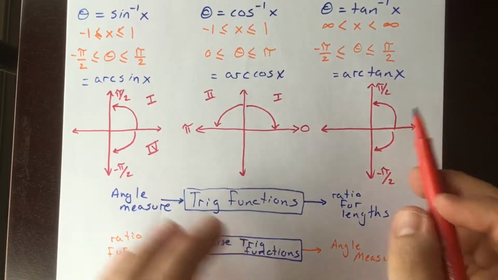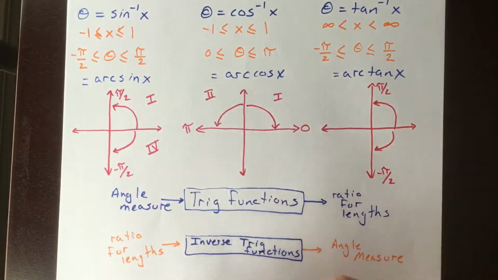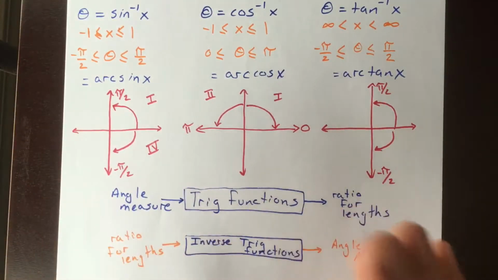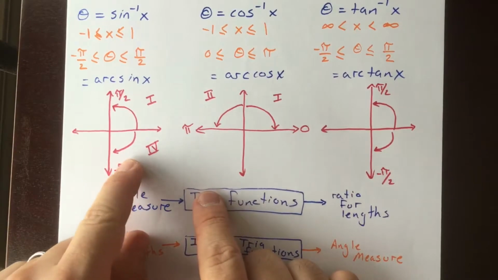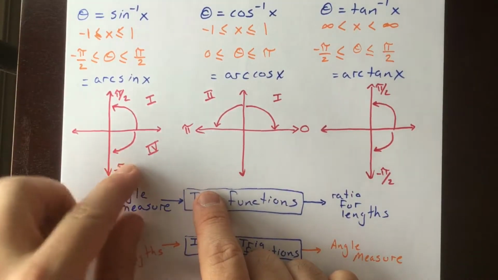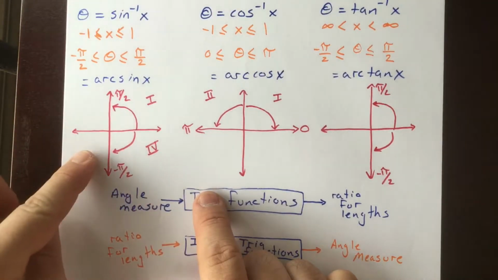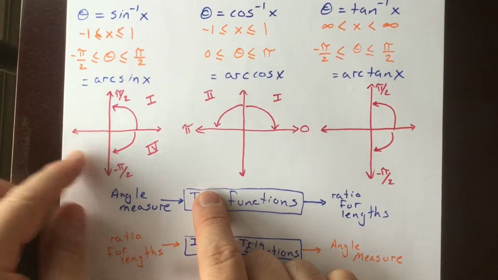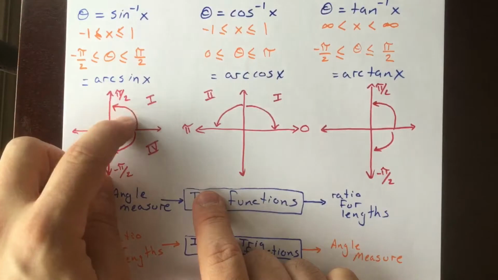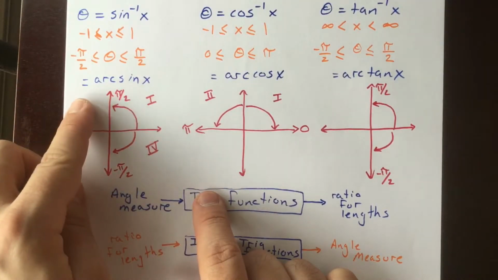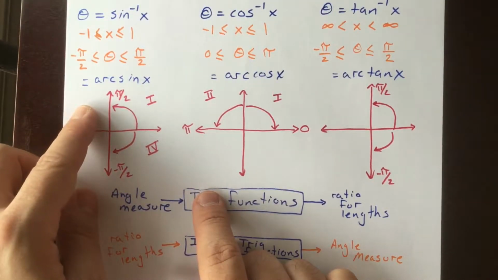The purpose of the restricted domain is this: if I have a negative value here, that negative value also showed up within quadrant 3. And if I had a positive value in quadrant 1, it also showed up as a positive value in quadrant 2.